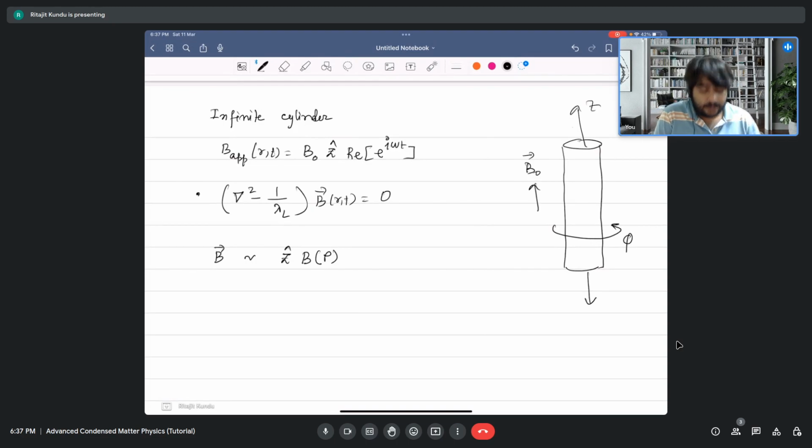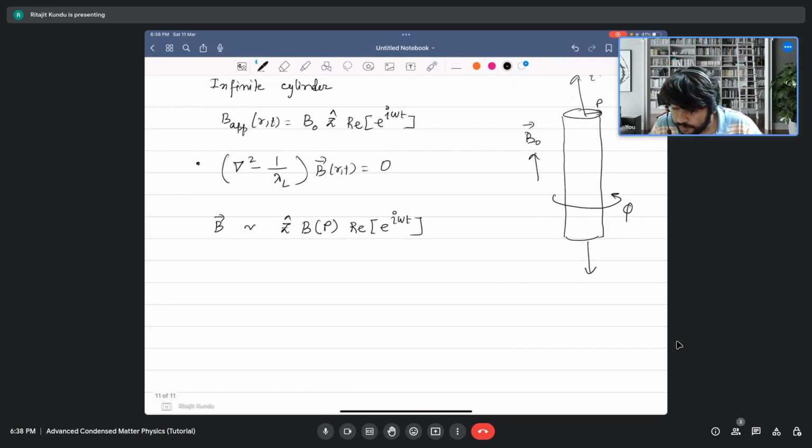This rho is the distance from the center of the cylinder, using the normal symbols of cylindrical coordinates. Now we can write this Laplacian in cylindrical coordinates.